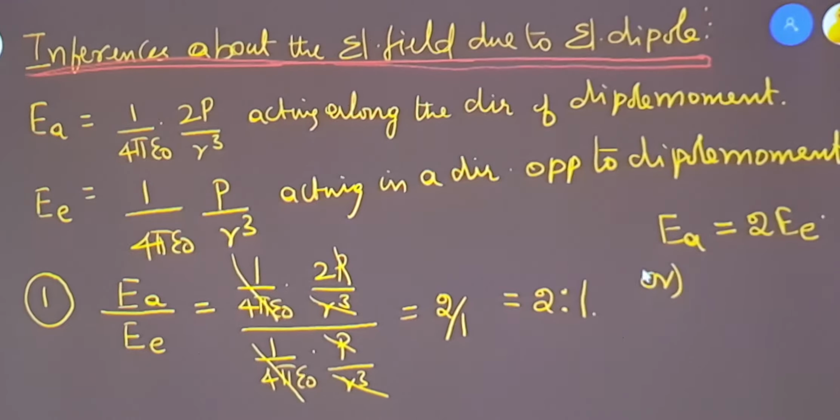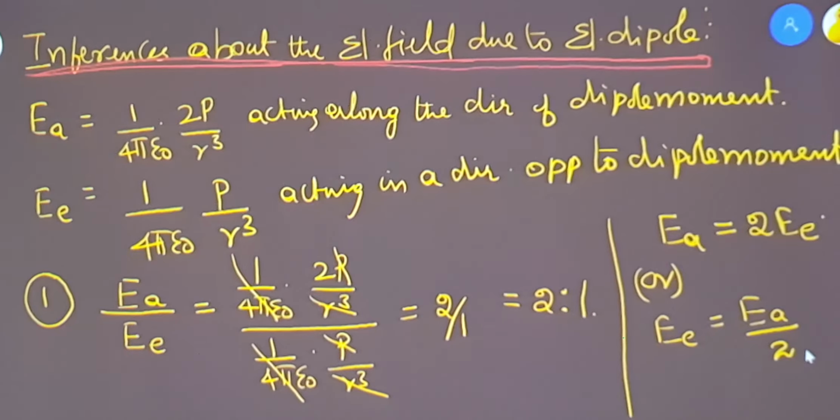Or the reverse: electrical field at a point along the equatorial line is equal to half of the electrical field at a point along the axial line, that is, axial field divided by 2. We are considering this as the first inference.